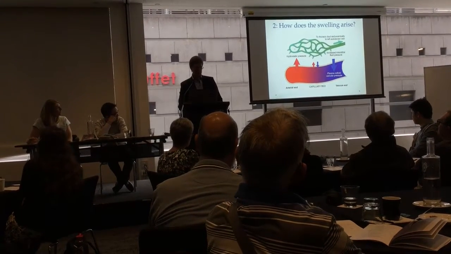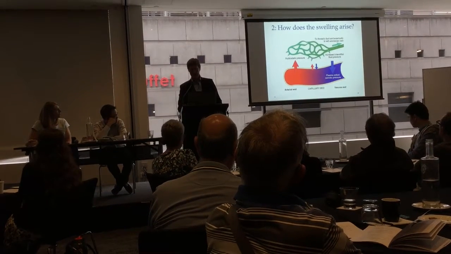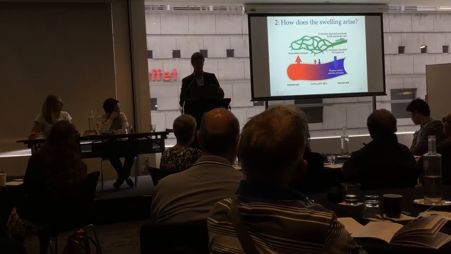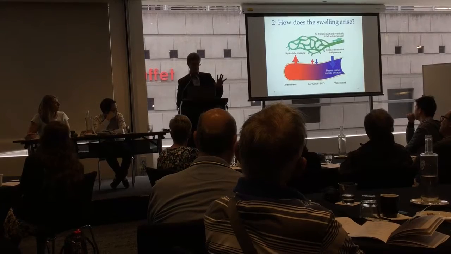But this is in a constant state of balance. Any excessive fluid that is leaked goes through a thing called the lymphatic system, lymphatic drainage, which then returns it back into the large blood vessels. So you can see that there's a constant dynamic balance there.